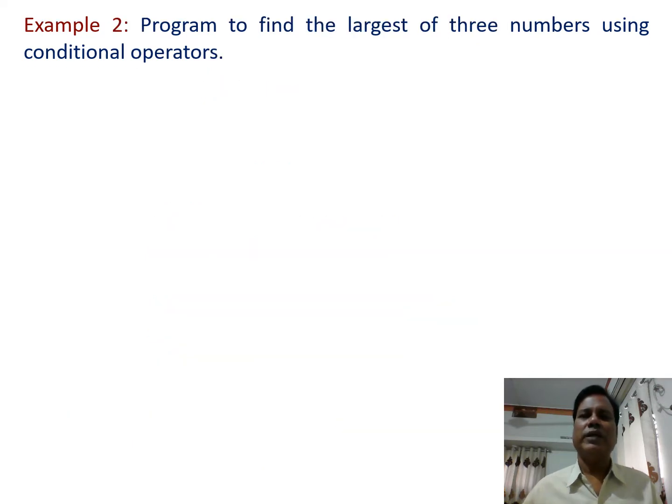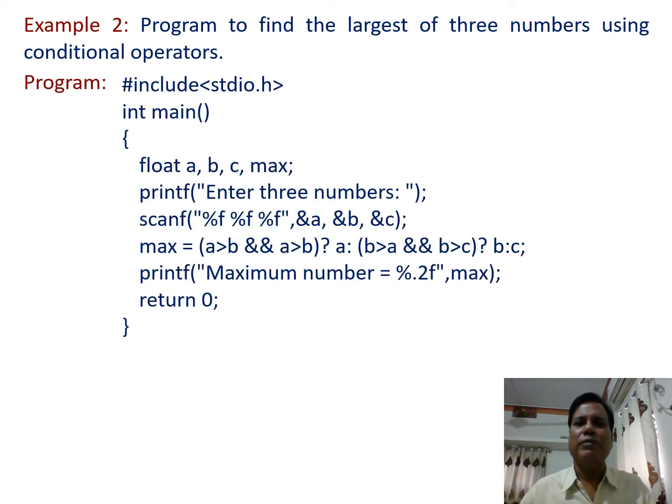In another example, example number 2, we write a program to find the largest of three numbers using the conditional operator. So here, instead of two numbers, we have three numbers, and we must find which is the largest. A program can be written like this.